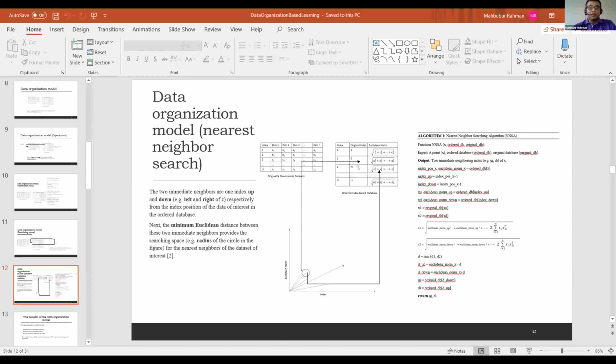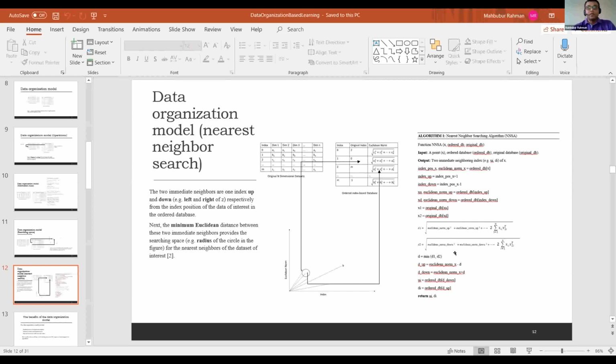So these two immediate neighbors reside one index up and one index down of Z in the ordered index based database. And then next, the minimum Euclidean distance between these two immediate neighbors provides the searching space for the nearest neighbors of the data set of interest.